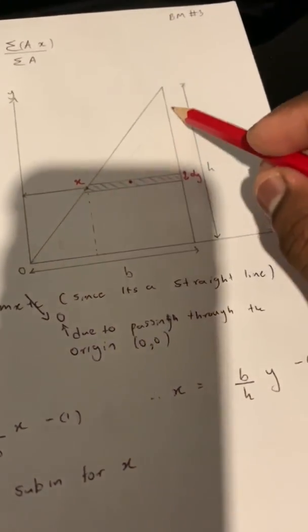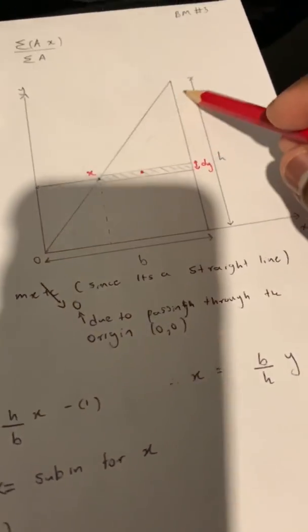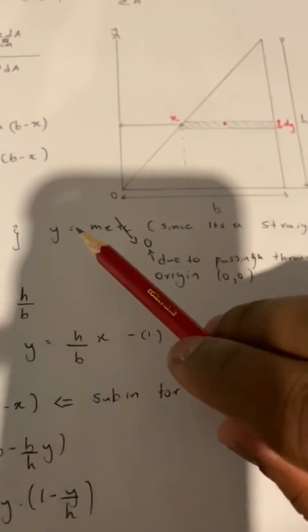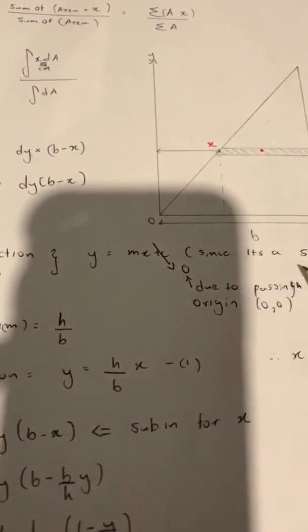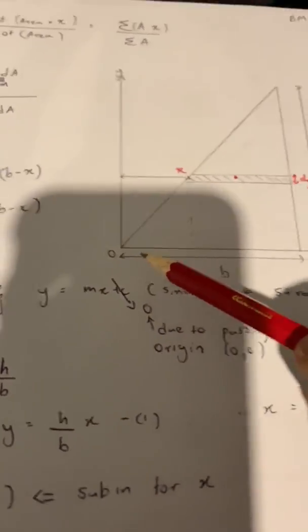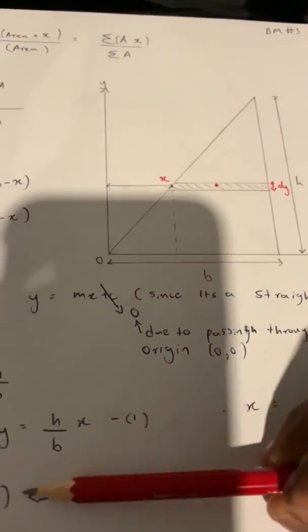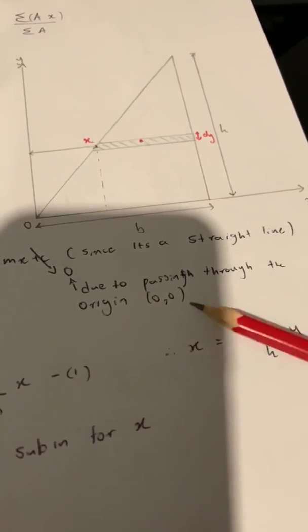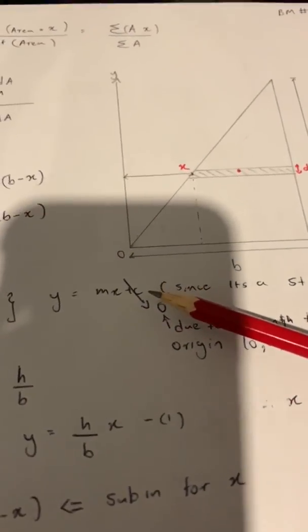We know this line here from the origin is a y versus x function, so we can write it as y equals mx plus c. Since it's passing through the origin, c is 0.